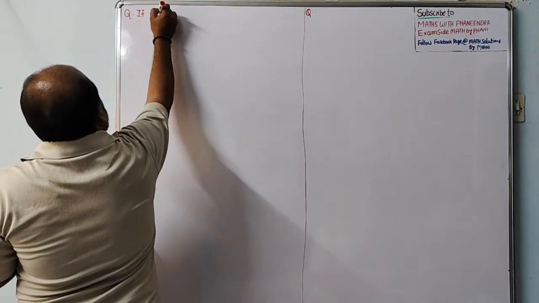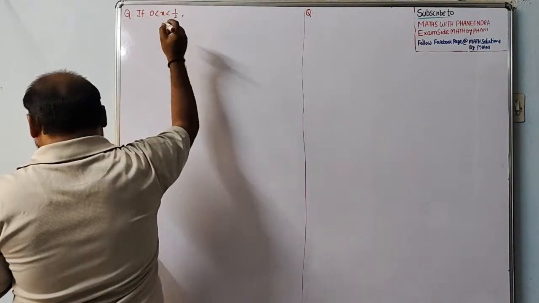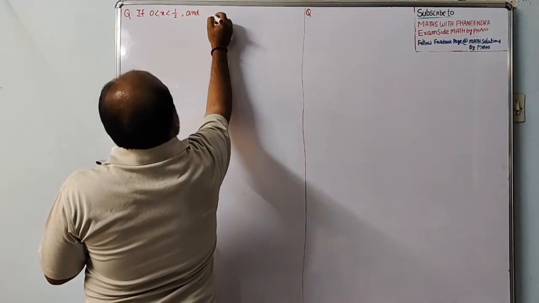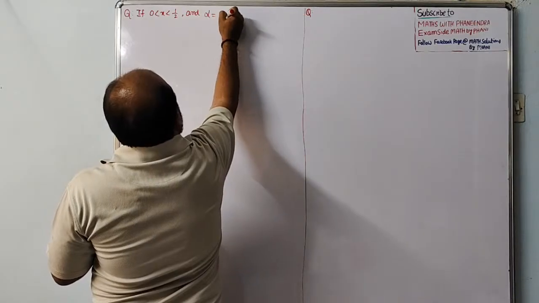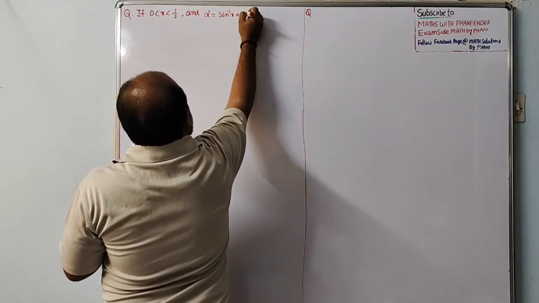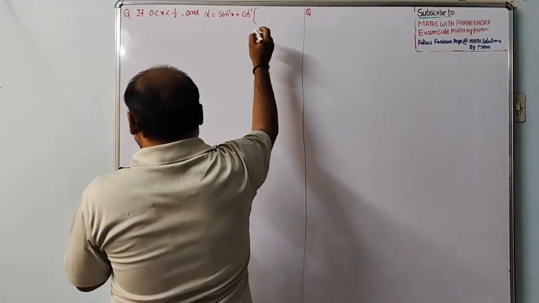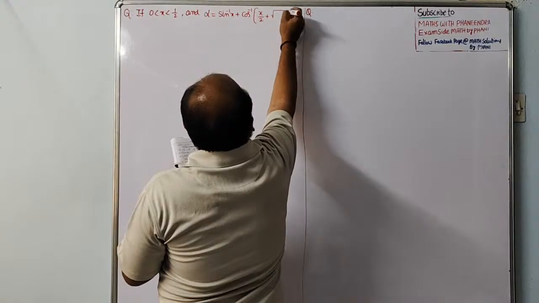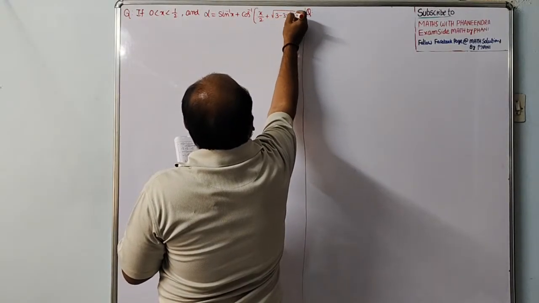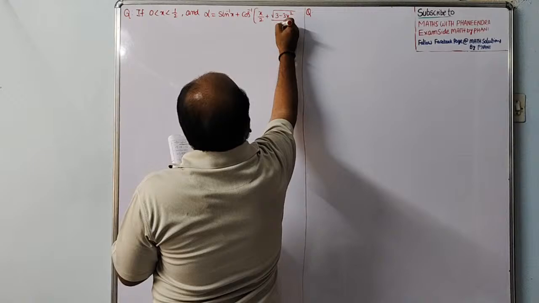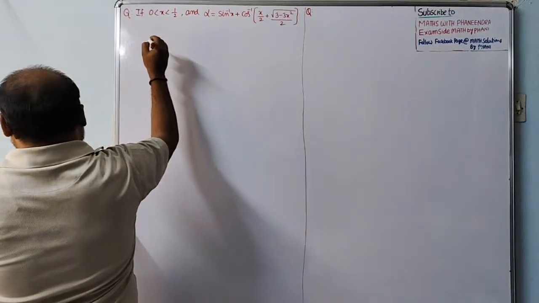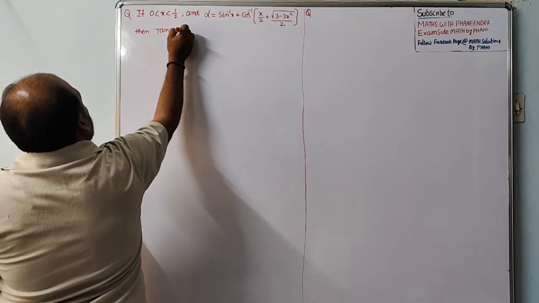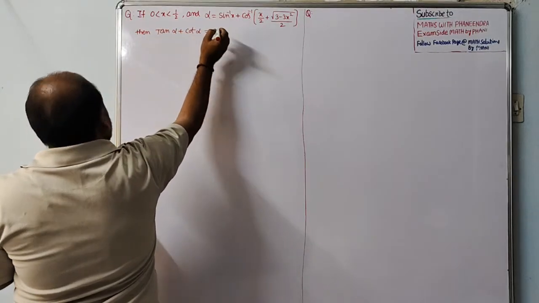If 0 is less than x is less than 1 by 2 and alpha equals sine inverse of x plus cos inverse of (x by 2 plus root 3 minus 3x square divided by 2), then tan alpha plus cot alpha is equal to.